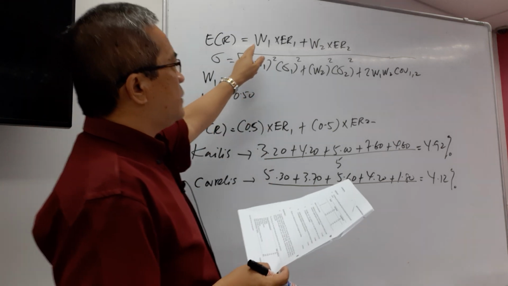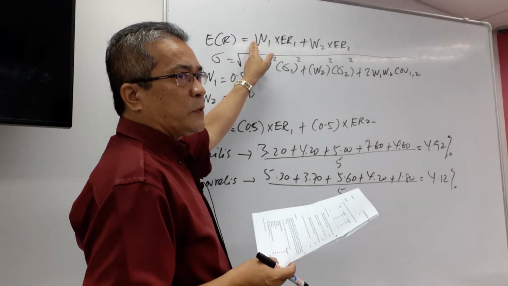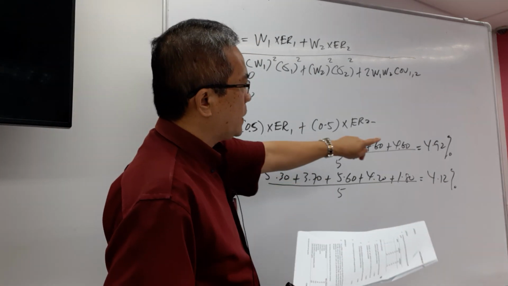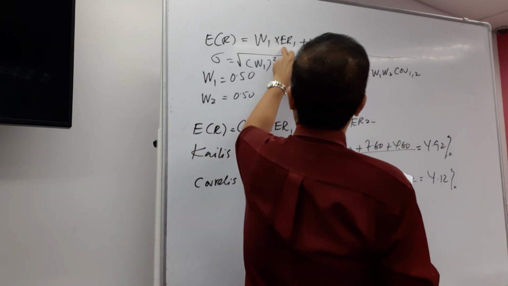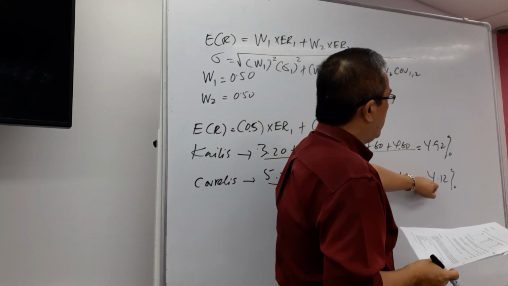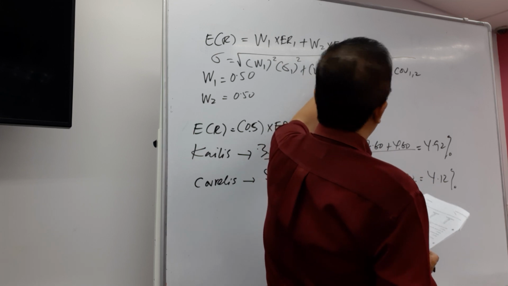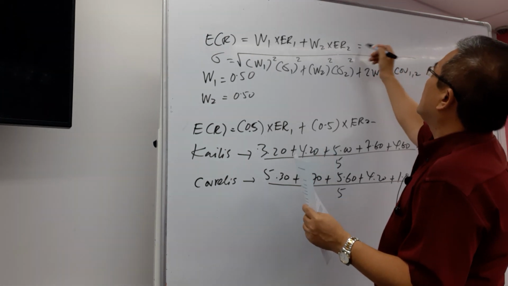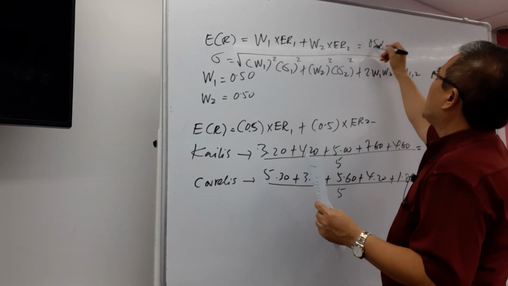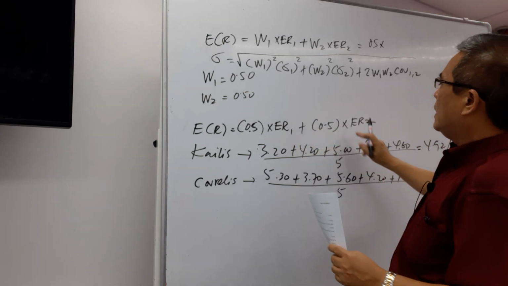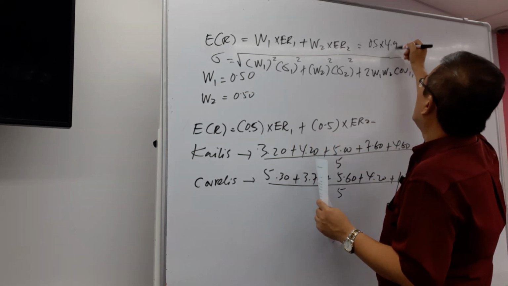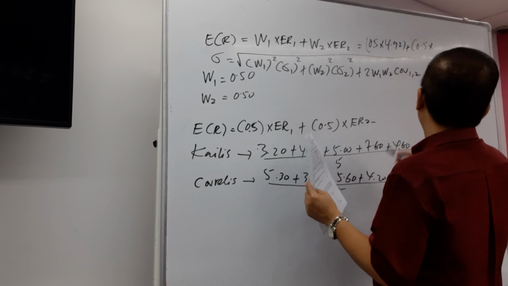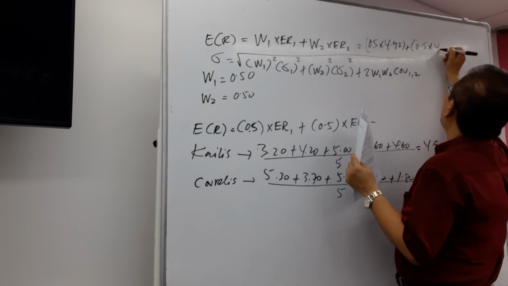So now we can easily solve this problem, the expected return of the portfolio, by plugging in these values, 4.92 for Kailis, and the return for Corelis is 4.12. So the expected return of the portfolio is 0.5 multiplied by 4.92 plus 0.5 multiplied by 4.12.